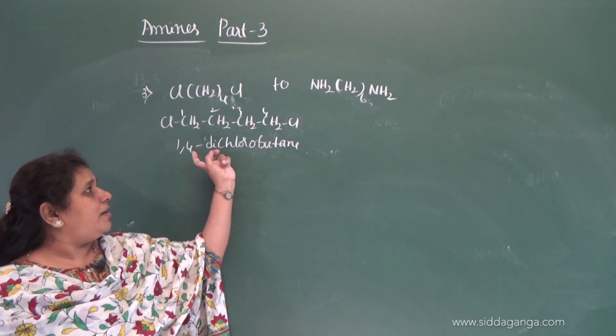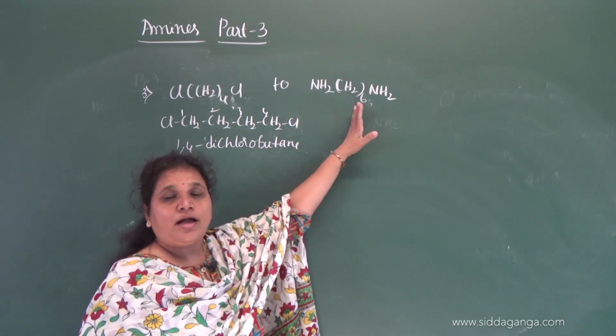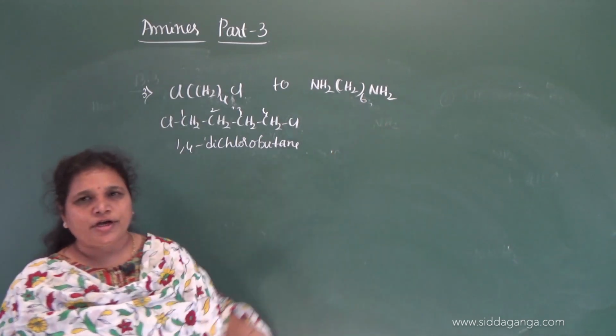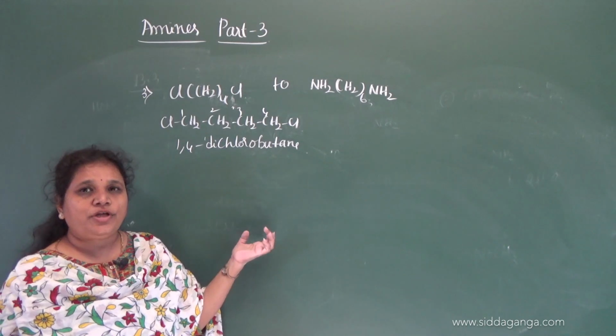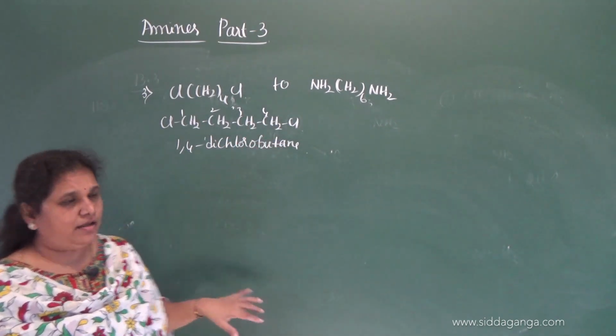So 1, 4 dichlorobutane has to be converted to hexane 1, 6 diamine. Then how to convert? You know the nucleophilic substitution. So by using nucleophilic substitution, we can increase the number of carbon atoms here. How?